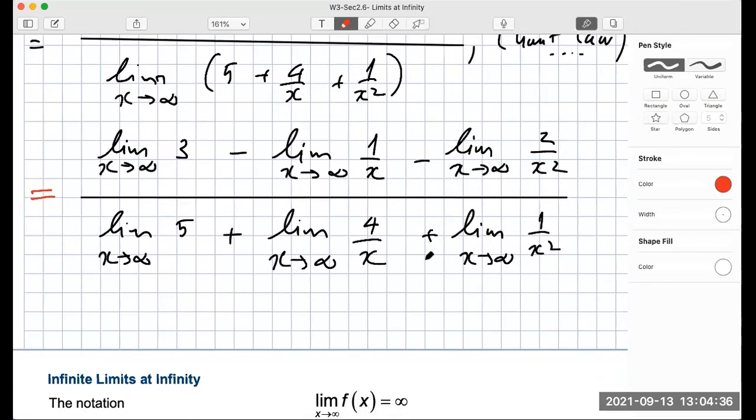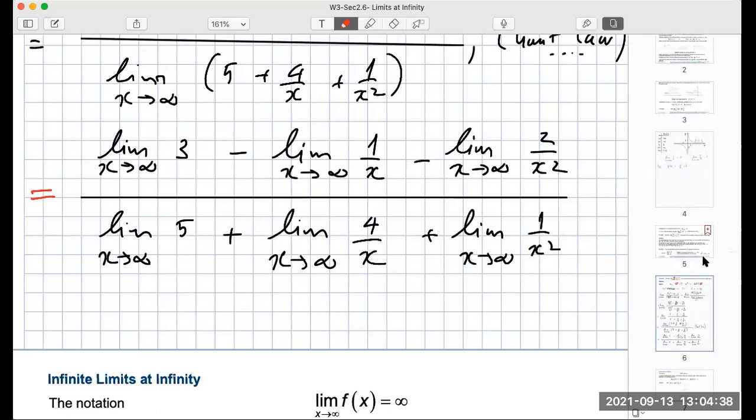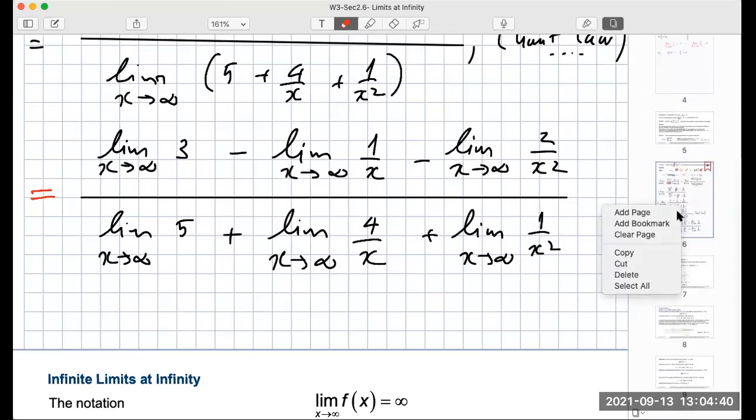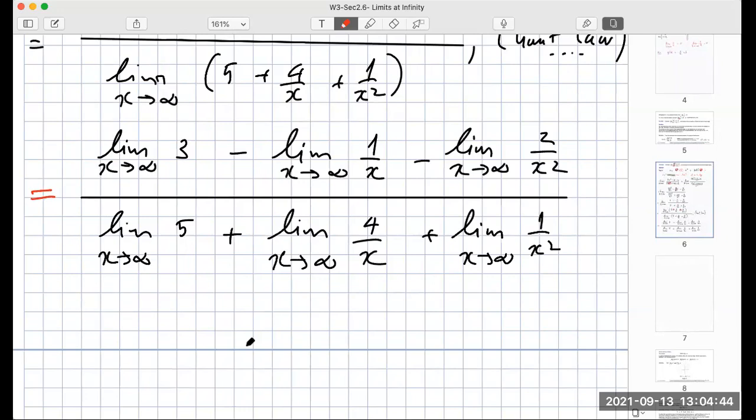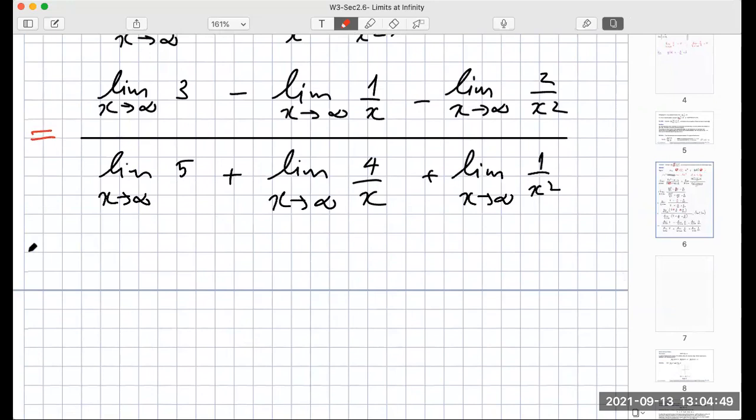The limit of a constant will be a constant, right? Then in the numerator, it becomes, thank you, 3 minus, yes, minus 0 and minus, yeah, 0 again.